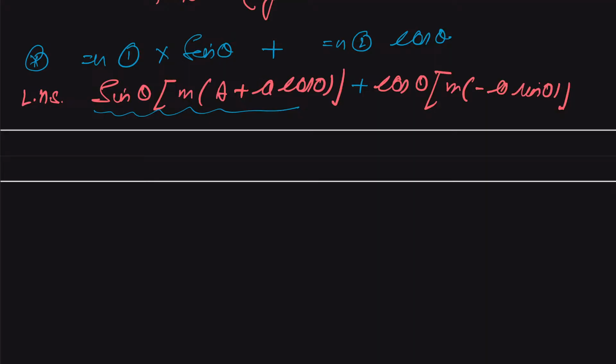And obviously from here we can clearly see this sine of theta multiplied, this will be coming as a cos sine of theta, and here also we are going to get this as our a minus a cos sine of theta. Okay, and it is being multiplied by this term m.